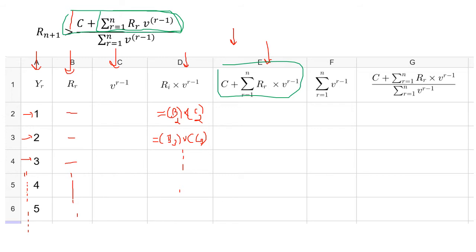So this will be C actually. Start from C, then add this product for the first year. C plus that term will go here, then this plus this term will go here, this plus that term will go here, and so on, because this term is cumulative.